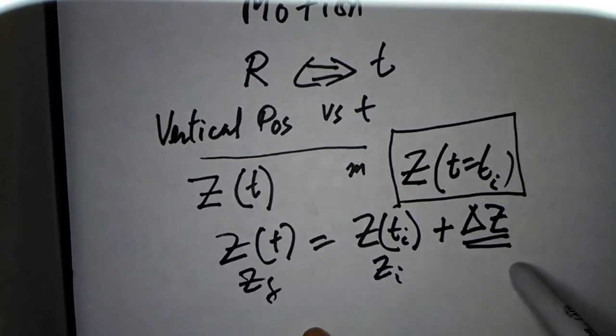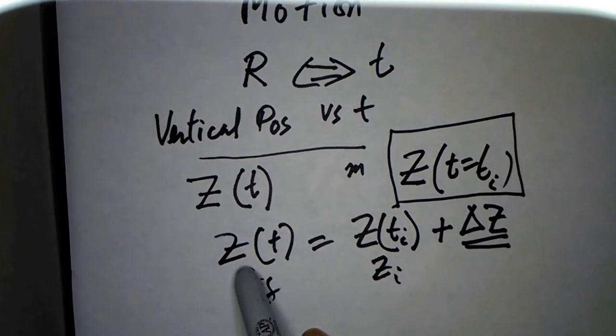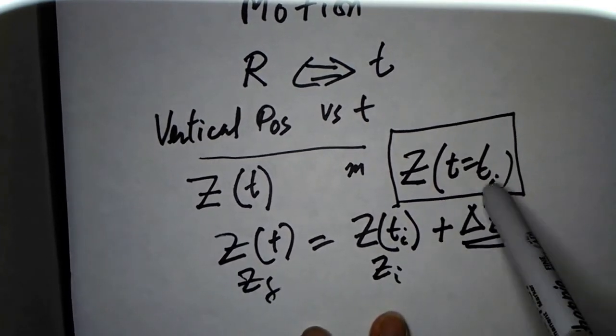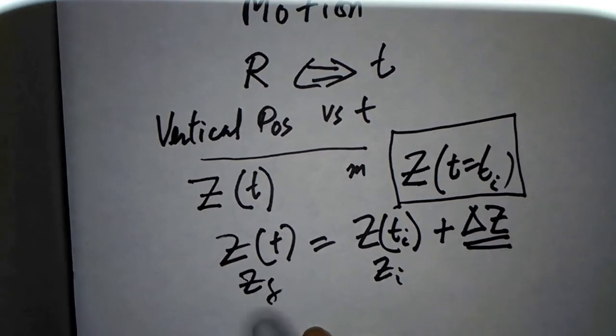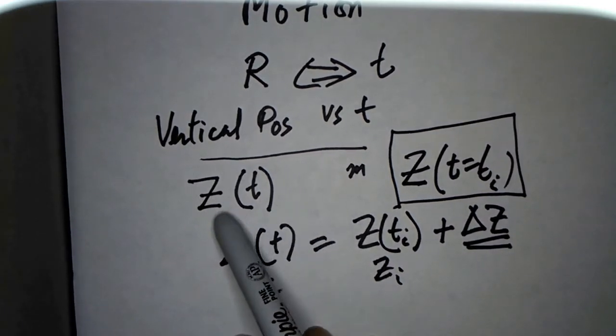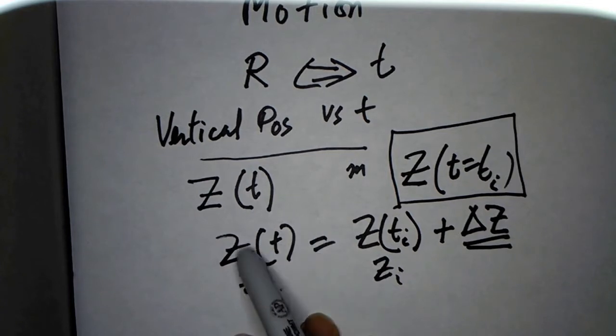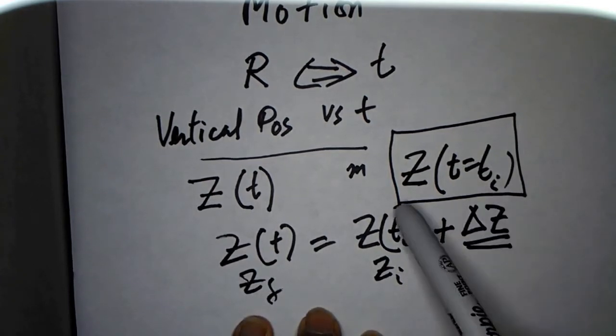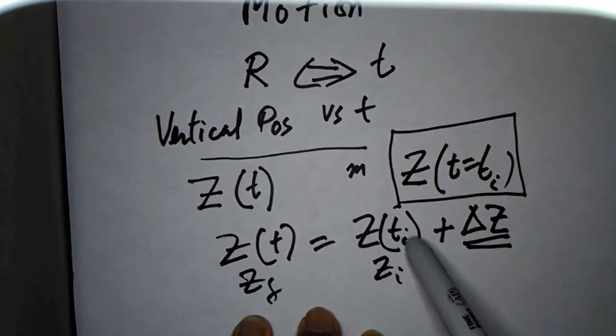How am I going to answer that question? By saying z of t, z final, is z initial plus a quantity called delta z. So the whole problem of finding z final becomes finding delta z, because z initial we already know.